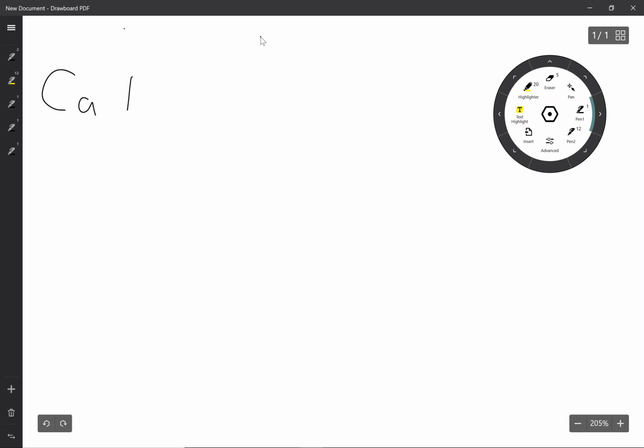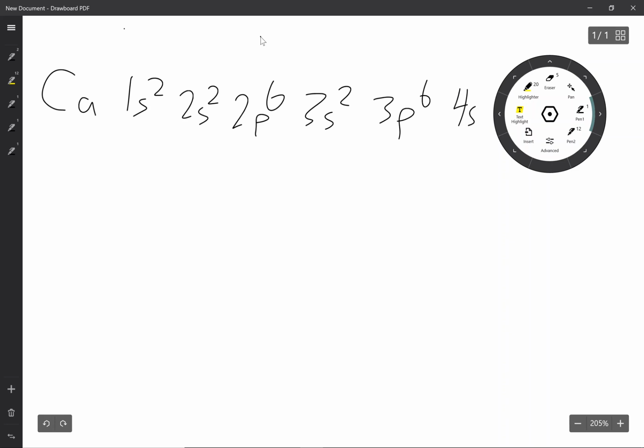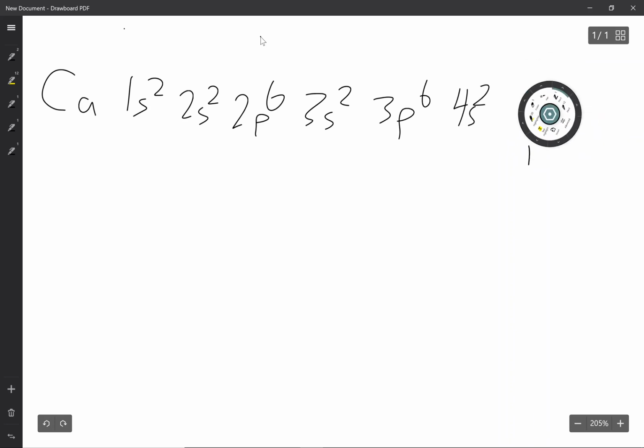All right, calcium, we said 1s2, 2s2, 2p6, 3s2, 3p6, 4s2. What we're going to look at is the highest energy level. So which one of these is the highest energy level?